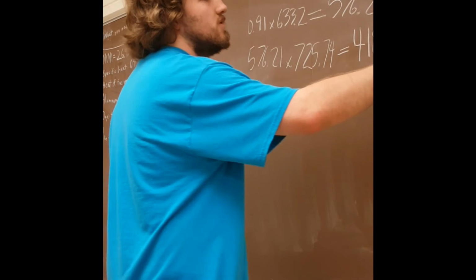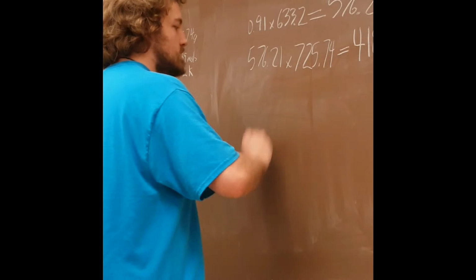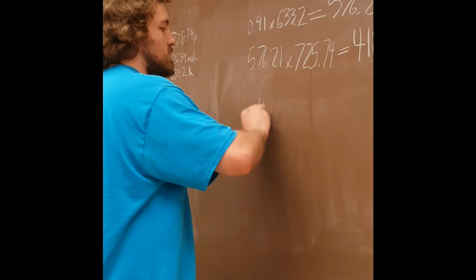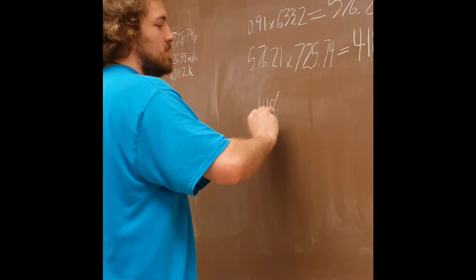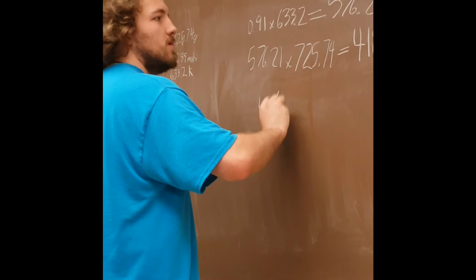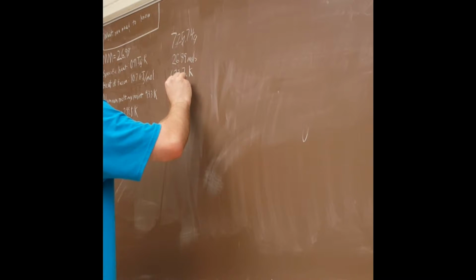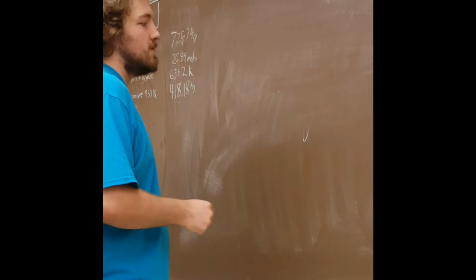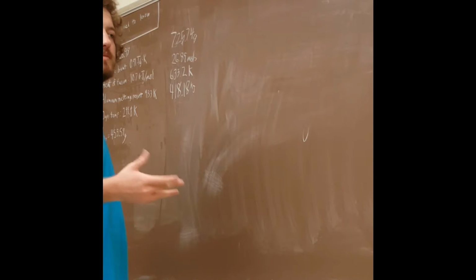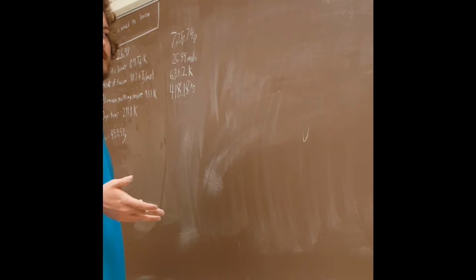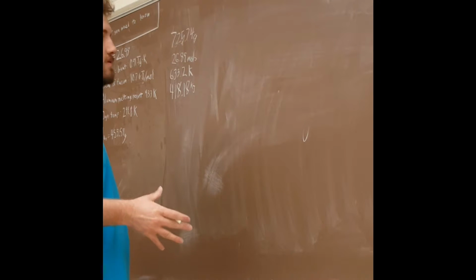So we convert these joules to kilojoules, which equals 418.18 kilojoules. Alrighty. So that is the kilojoules it would take to raise the solid aluminum at a base temperature of 80 degrees Fahrenheit up to its melting point.